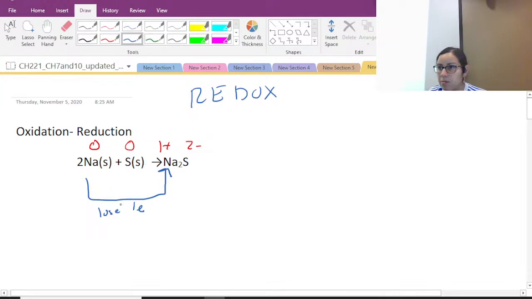Each sodium is losing 1 electron, but then it's times 2, so we have 2 electrons floating around. Sulfur goes from 0 to 2-, so it became more negative and gained 2 electrons, and there's just 1 sulfur. So that all balances out: 2 gaining, 2 losing.